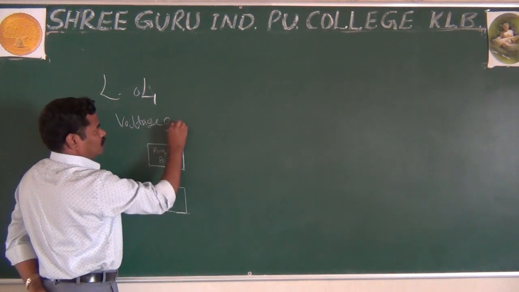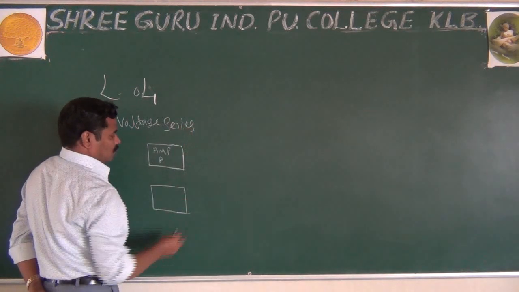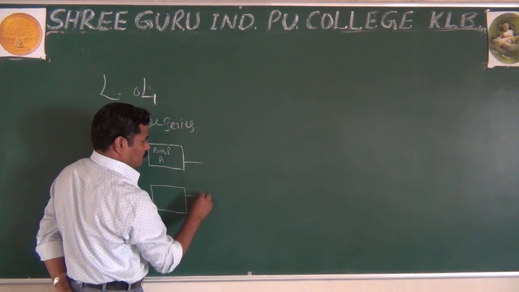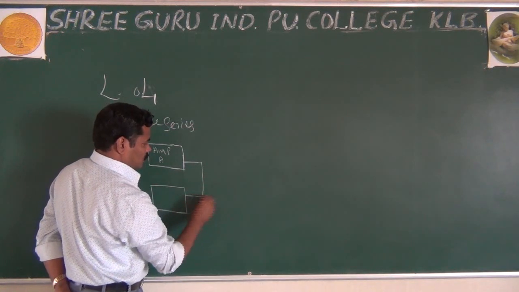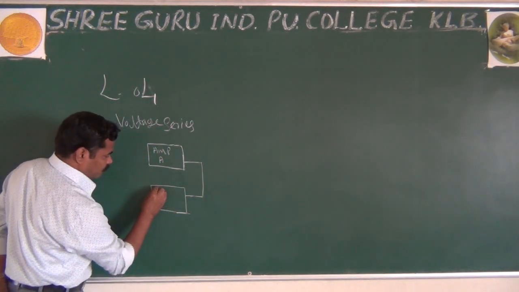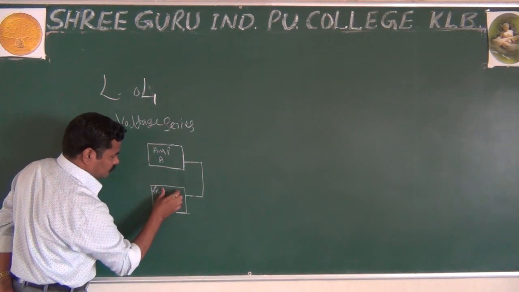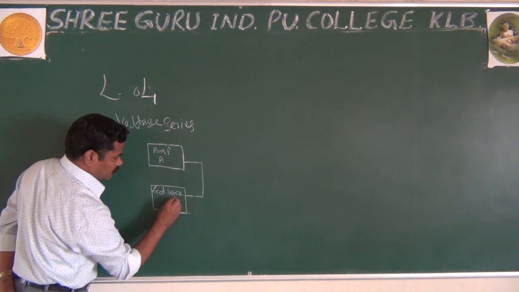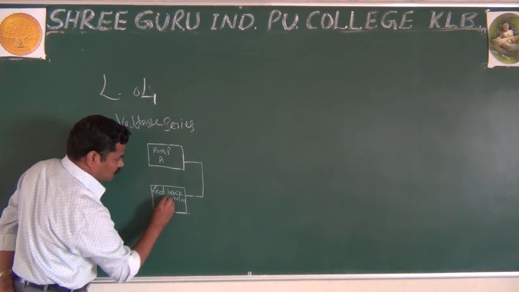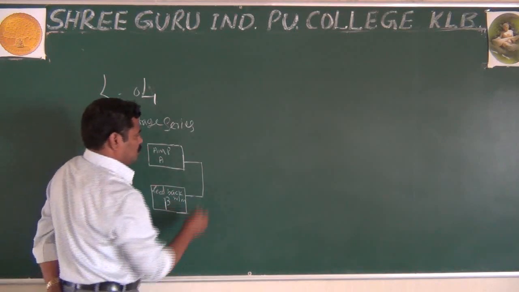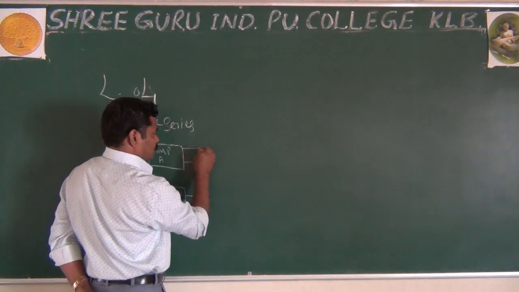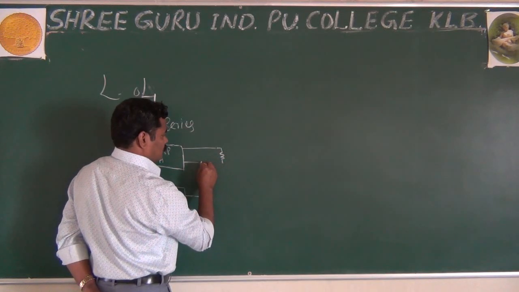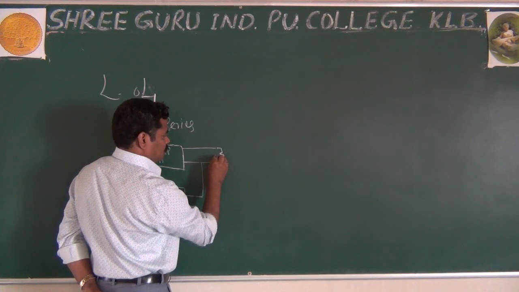As we know, voltage series means at the output there will be the feedback network, with beta, and here you are using RL.